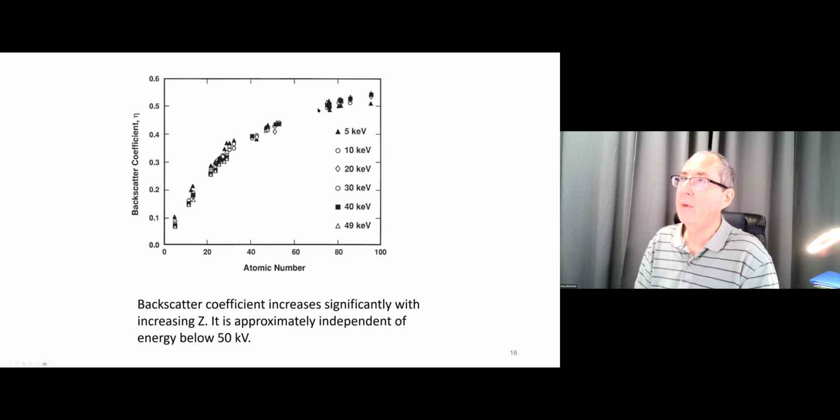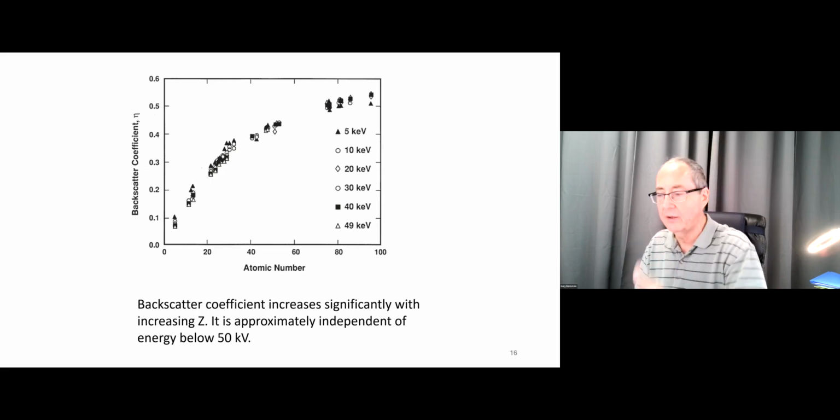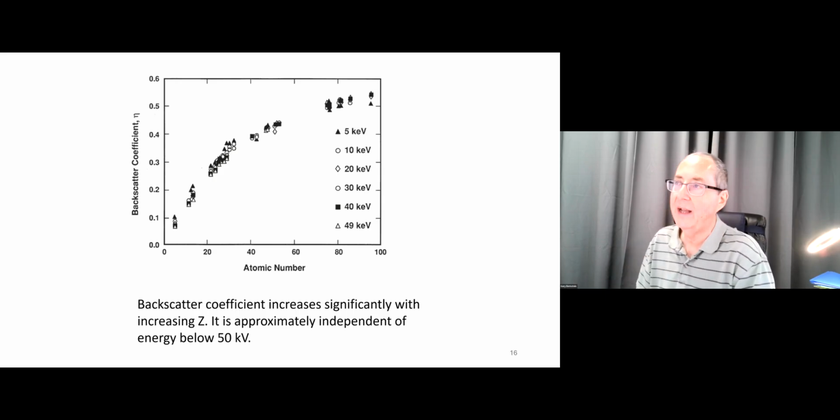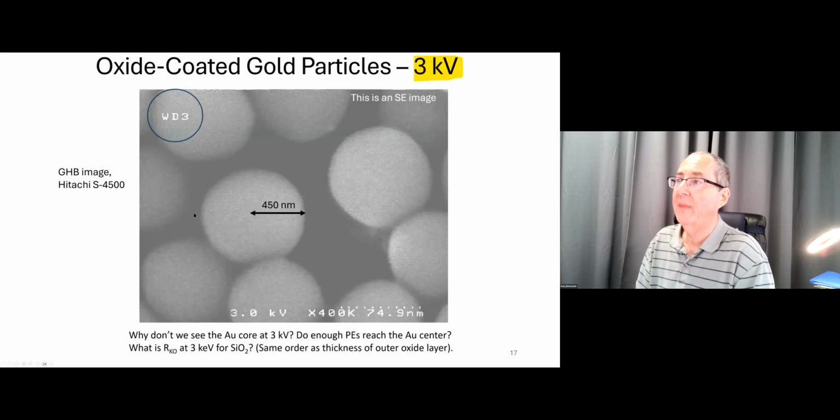So for high atomic number material, lots of the primary electrons eventually rattle around and find their way back out of the surface as backscattered electrons. And for low atomic number material, low Z material, fewer do. And this is the underlying phenomenon that makes it possible for us to have alignment marks in the Raith system.